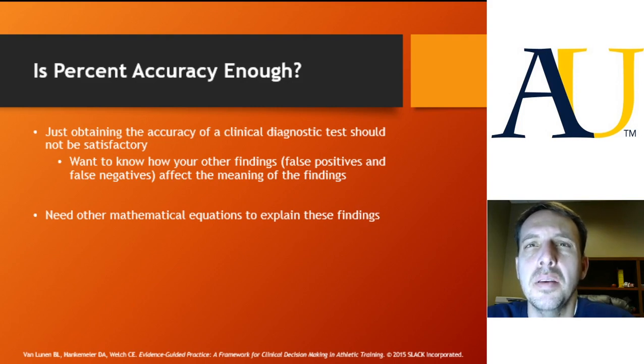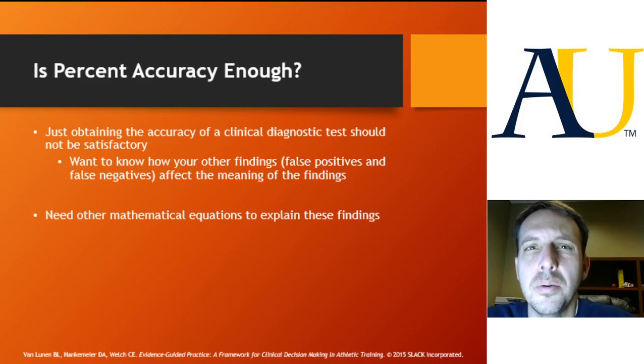By combining both positives and negatives into percent accuracy, we eliminate some of our ability to truly comprehend the ability of this individual test to both rule in and rule out the condition. And we're really only interested in one of those at a time, because our patient either has a positive test finding or a negative test finding.